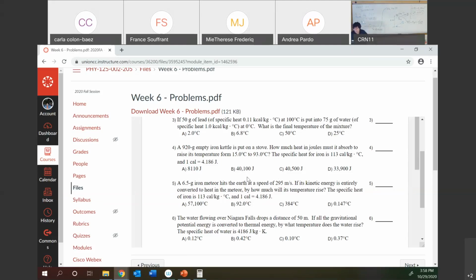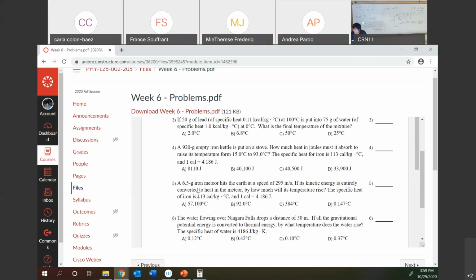But also when they crash towards the Earth, they release so much energy that is absorbed by the meteor that it can cause part of it, depending, right? Because rock has a very high melting point. Part of it might melt. It depends on the velocity and also on the mass of it. Anyway, how much will its temperature rise?